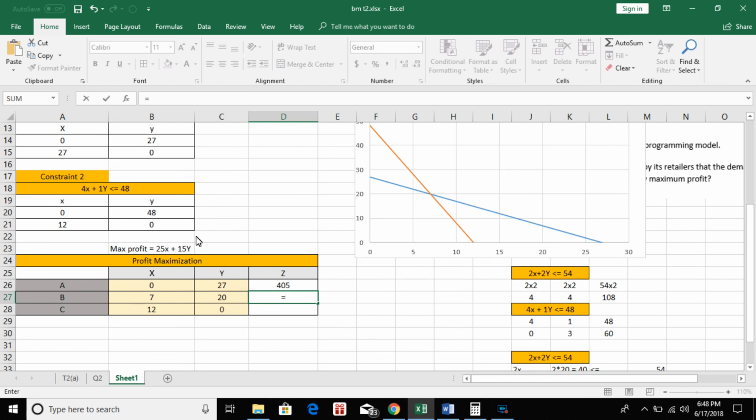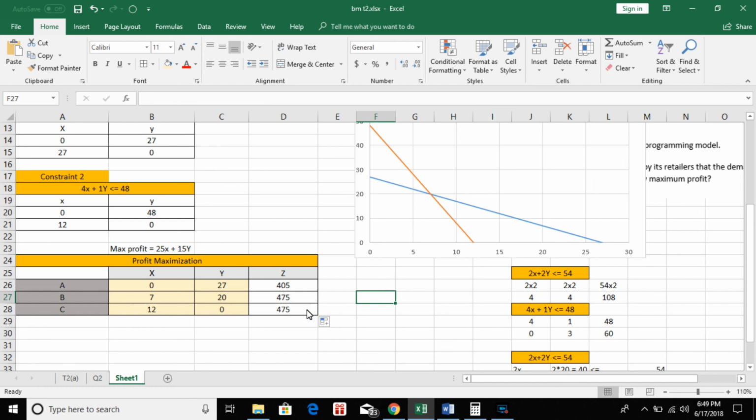Equal to, put the value of x in x: bracket 25, times the value of x at point 2, which is 7, bracket close, plus open bracket the value of y, which is 15, times the value of y, which is 20, equal to 475. Just drag it down.